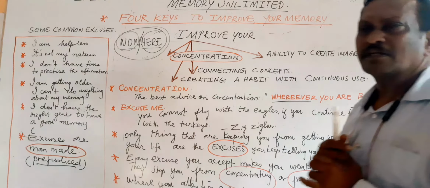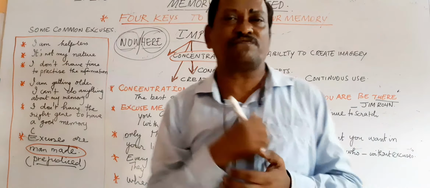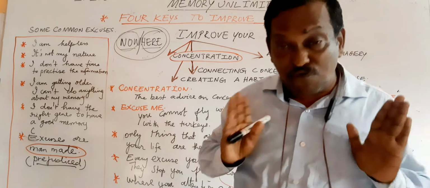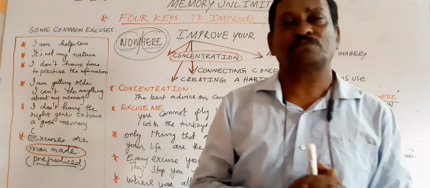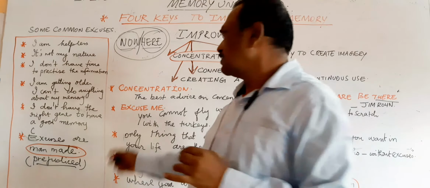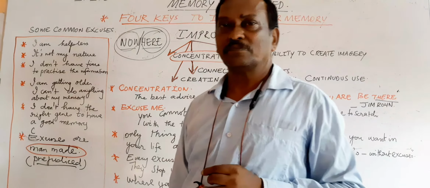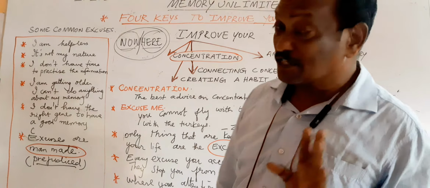You see, those who wish to move ahead in life, those who wish to forge ahead in life, those who wish to achieve success in life will avoid this word, excuse me.